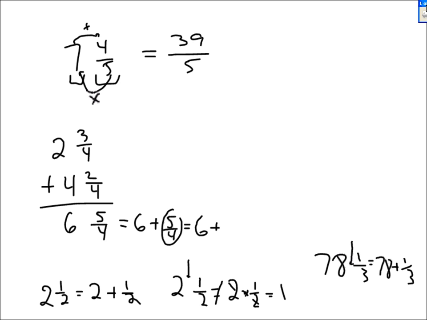5/4 is improper. It's 1 1/4. 4 goes into 5 one time with 1 left over. Now you can add these two numbers with no additional steps, fine.